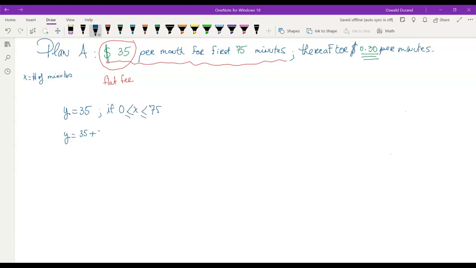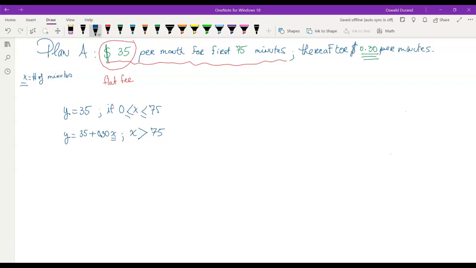So I'm going to add 0.30 and multiply by the number of minutes. Since the number of minutes is represented by x, I'm going to put x here. But we also have a restriction here, right? Because here x cannot be 0, or anything between 0 and 75. It has to be everything after 75. So I'm going to say x now has to be greater than 75.